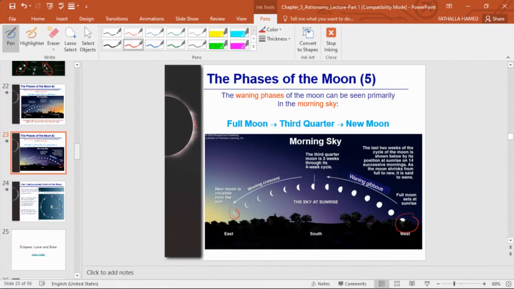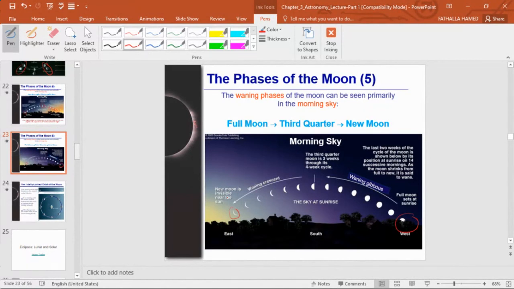So I hope with this we learn how the moon orbits the earth and how the moon makes its different phases, and what phases we see in the night sky and in the morning sky. Of course, during the daytime, you may also see the moon.